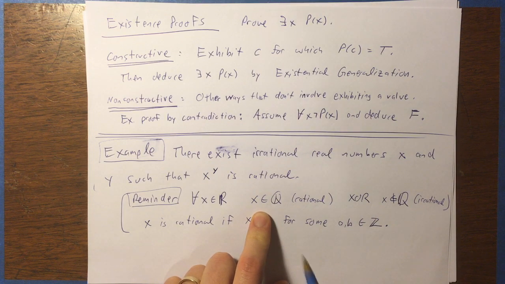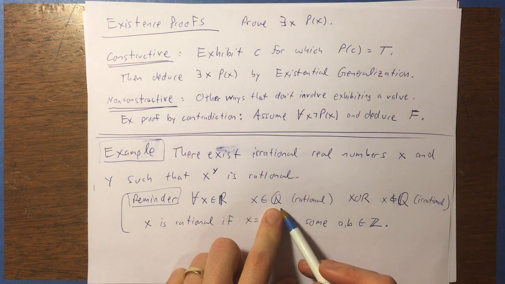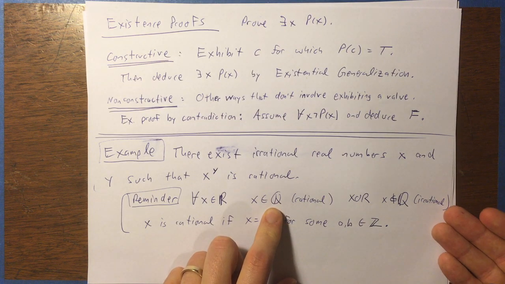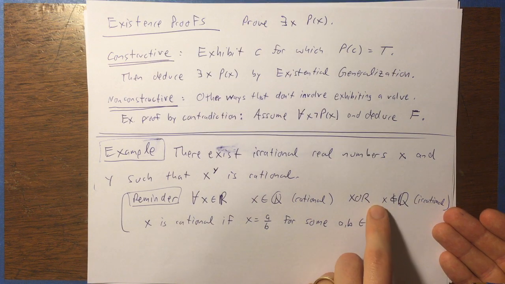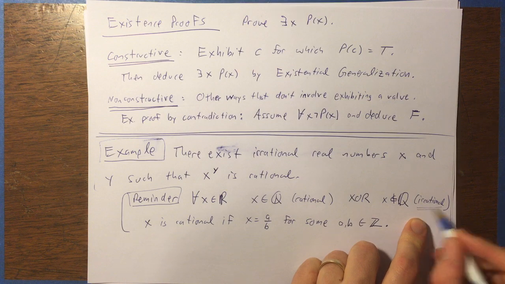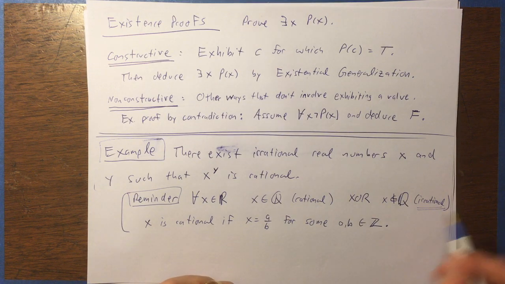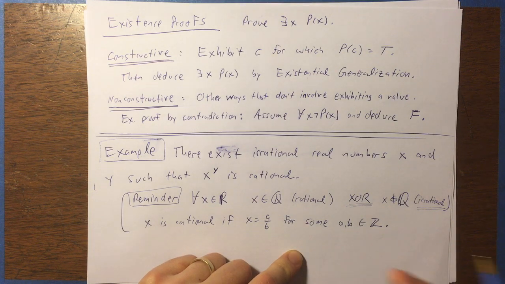The symbol Z is for integers, R is for real numbers, and Q is for rational numbers. But there's no symbol for irrational numbers. It's just real numbers that are not rational, so I've written x is not an element of the rational numbers to mean it's irrational. This is technically an XOR statement: a real number is either rational or irrational.